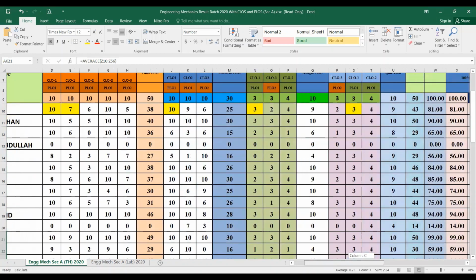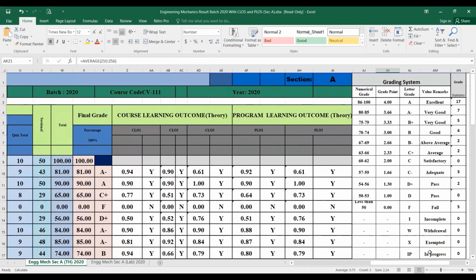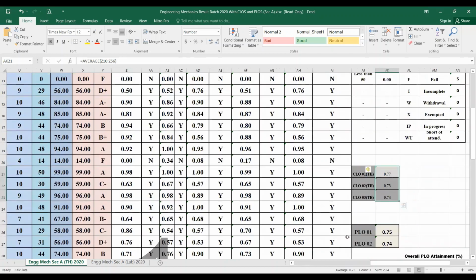So hopefully you understand how to make the Excel sheet based on the CLO and PLO. But I must say it's totally up to your own criteria. CLO attainment and PLO attainment can easily be found out like this.